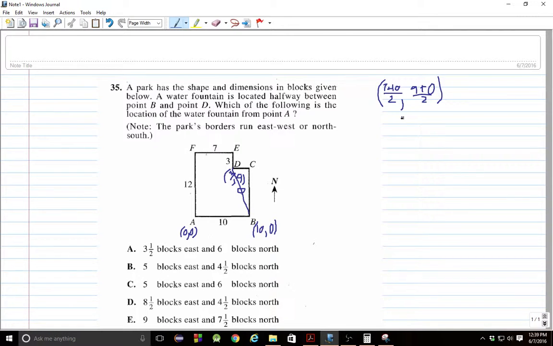And this will give us 17 over 2, 9 over 2, which equals 8.5, 4.5.